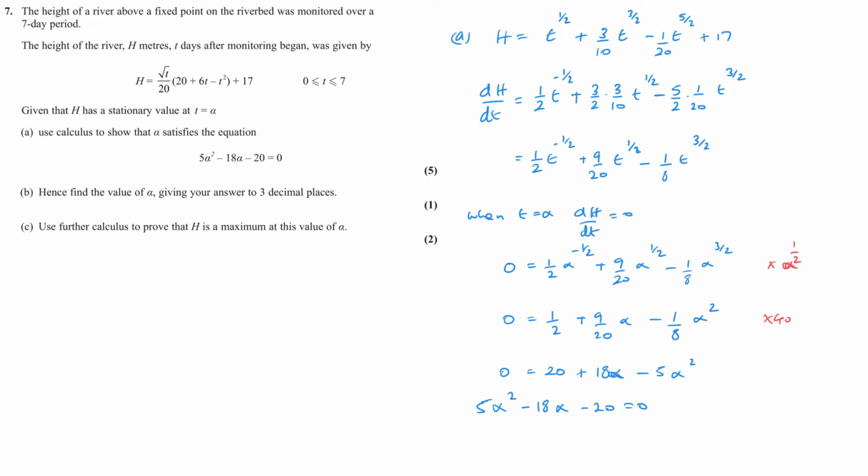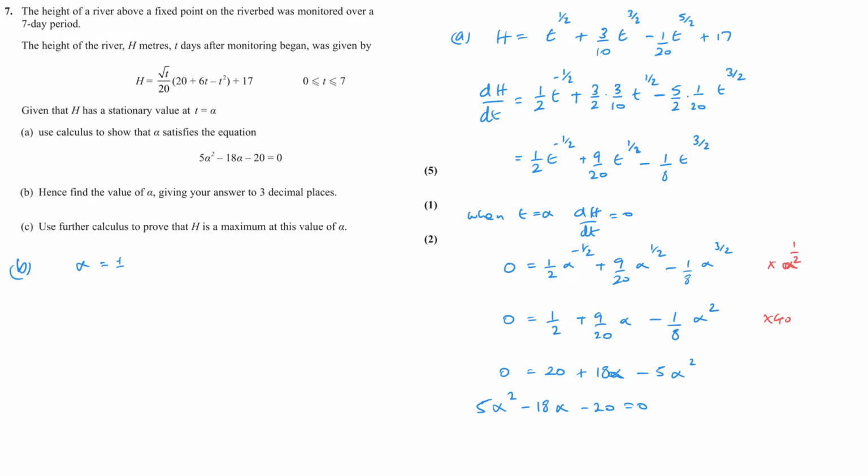Okay, now part B, hence find the value of alpha to 3 decimal places. So it's just solving that, and the fact it's saying to 3 decimal places means that it isn't going to factorize.